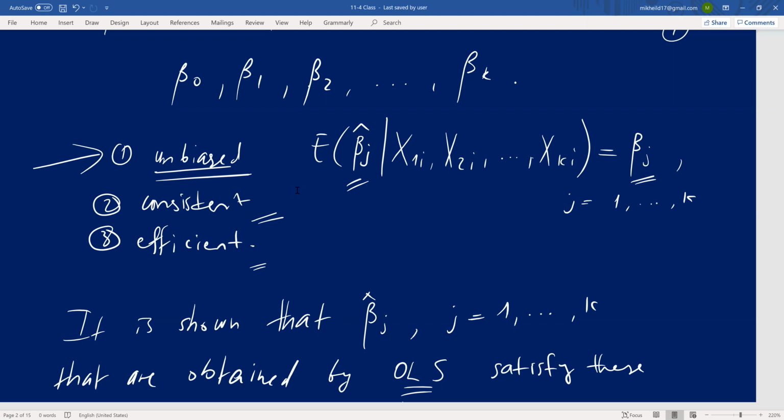How do we define a good estimator? An estimator is a good estimator if it satisfies all of these three requirements. Otherwise, it's not a good estimator. Do you guys understand what I'm saying?